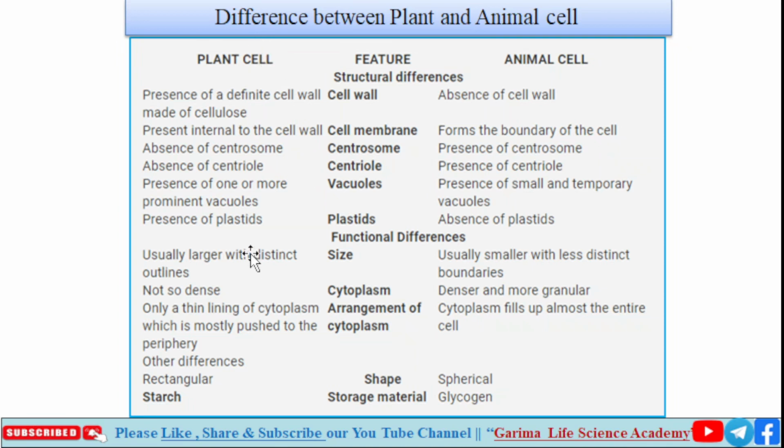So here are the plant cells, their features and structural differences, and animal cells. The first one is the cell wall. In plant cells, there is a definite cell wall made of cellulose.